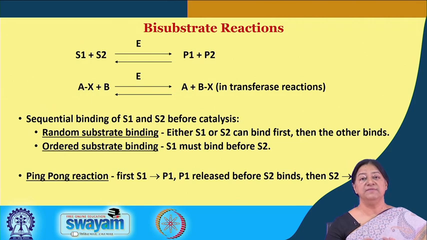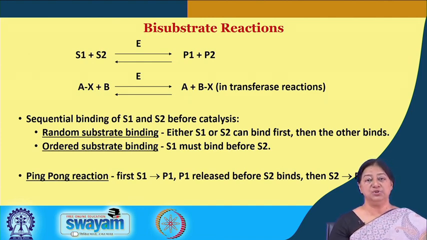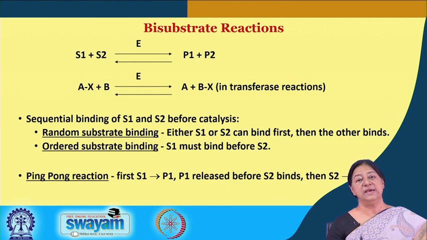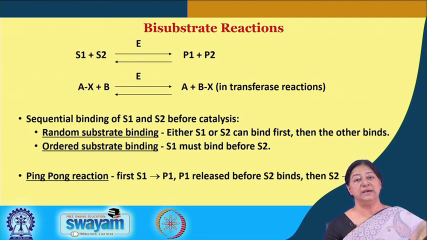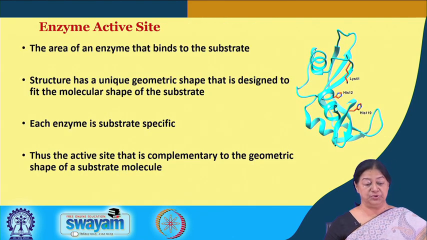This may result in some variation in the enzyme structure, which we will see later on. In the ping pong reaction, S1 has to bind first, P1 has to be released, then because the enzyme has a different structure, let us call it enzyme E prime, it will then bind S2, form P2, and then go back to its original formation.